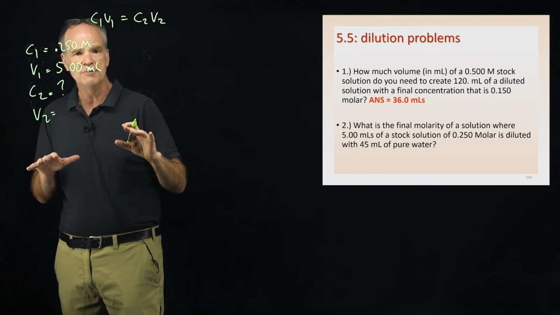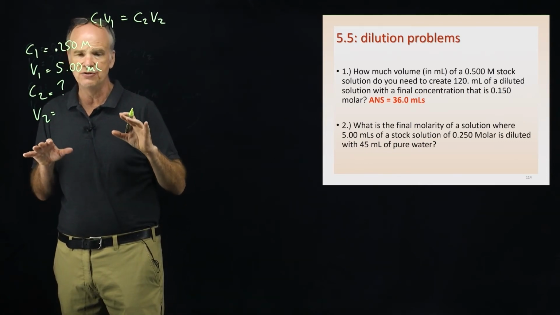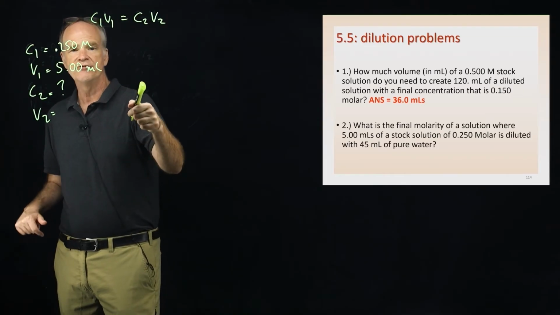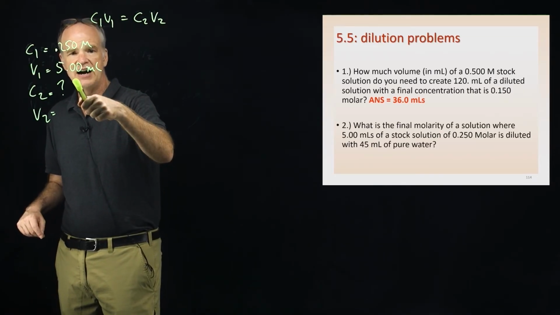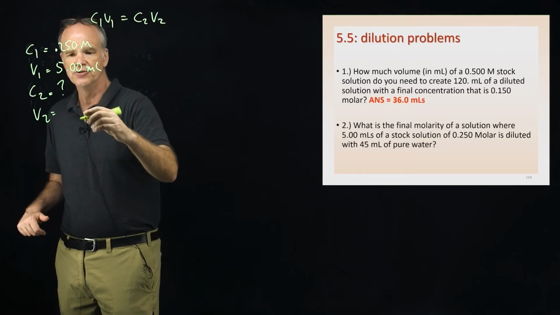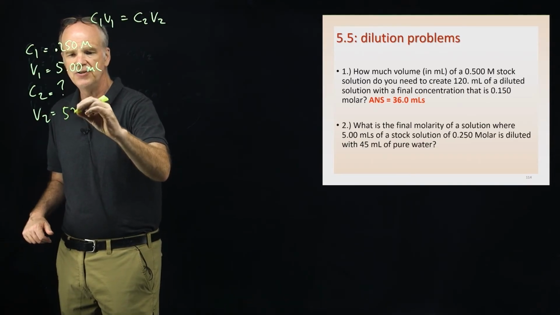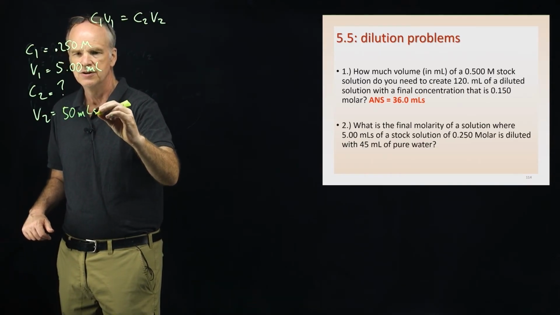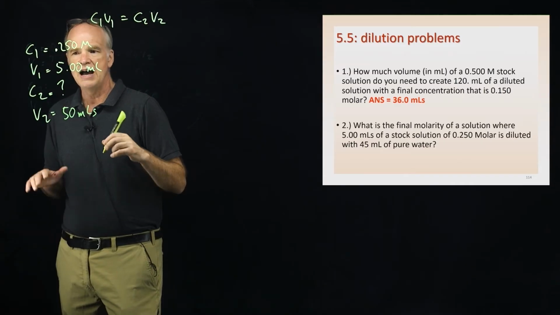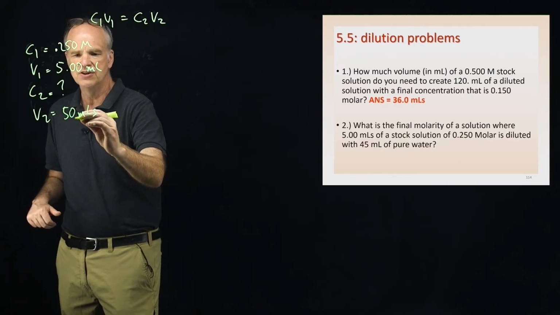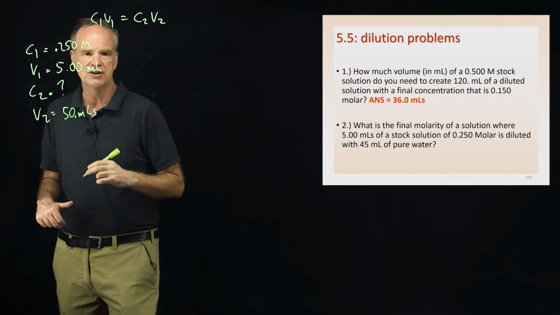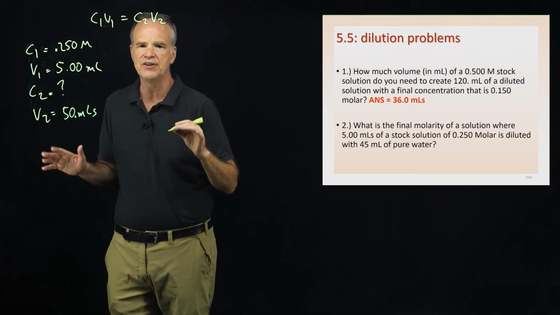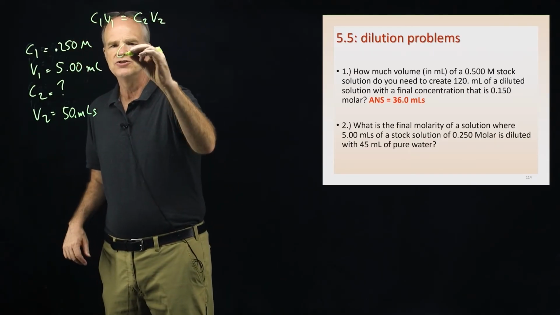What you want to make sure is V2 is the final volume of the solution. So it's 45 mL you're adding in with 5 mL from the stock solution. So V2 really is 50 milliliters. Okay, and so we're adding 5 and 45, and I'm going to put a decimal there because there's going to be 2 significant figures. And then after that is pretty much plug and chug.